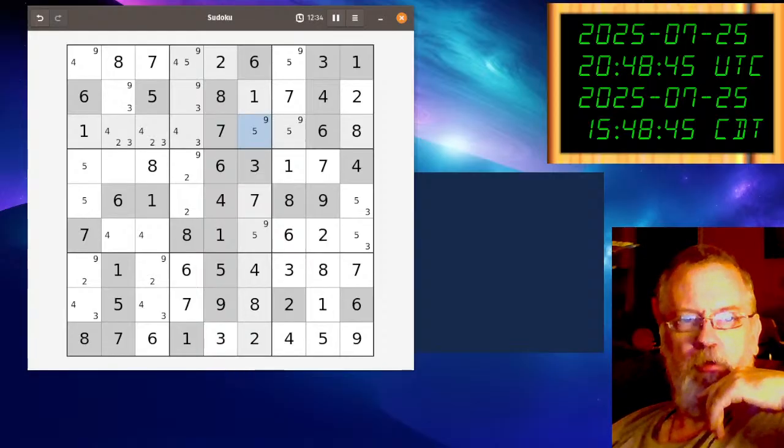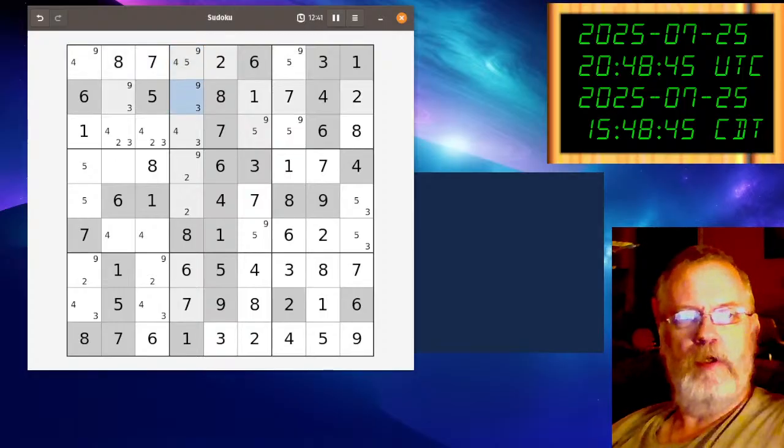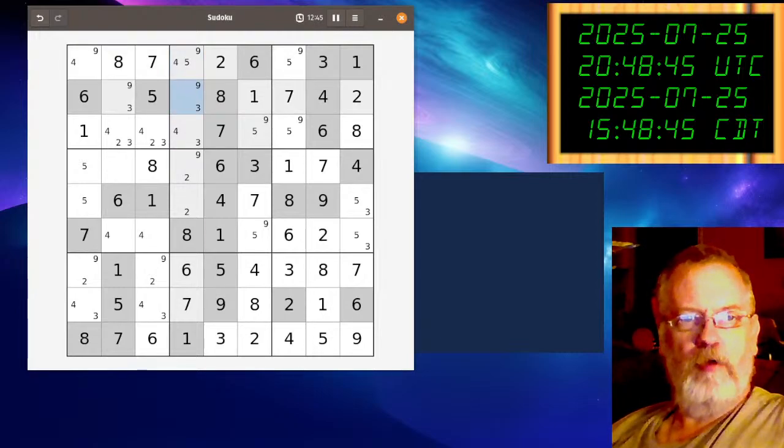That would give us a potential 5-9 pair here, except that I've got that 4 and this 9 causing their own little storm here. Although neither 4 nor 3 can be here.